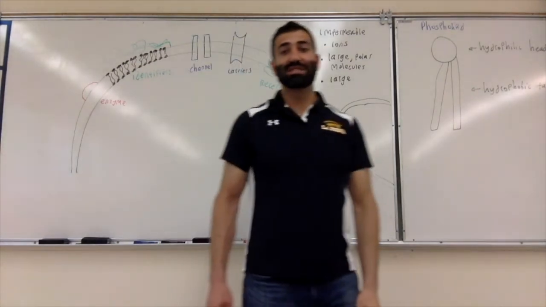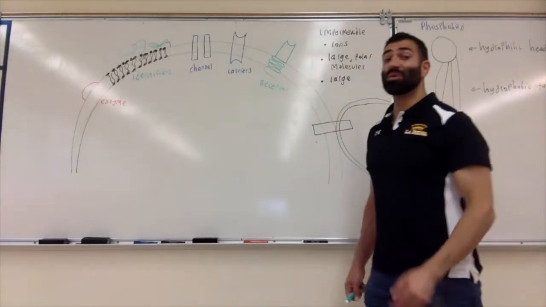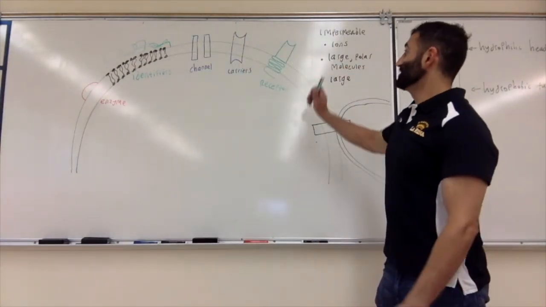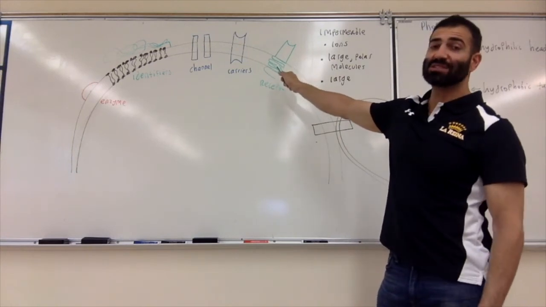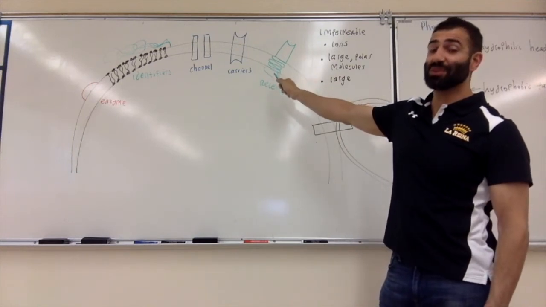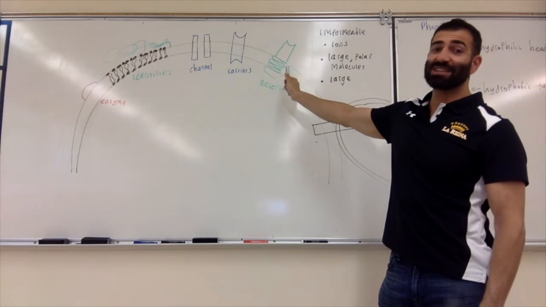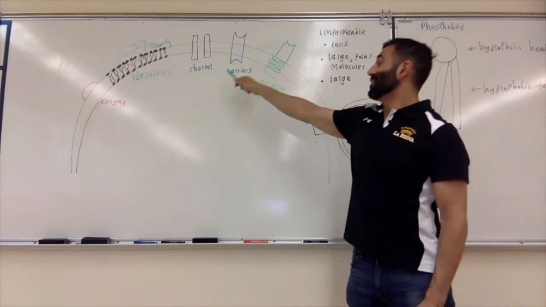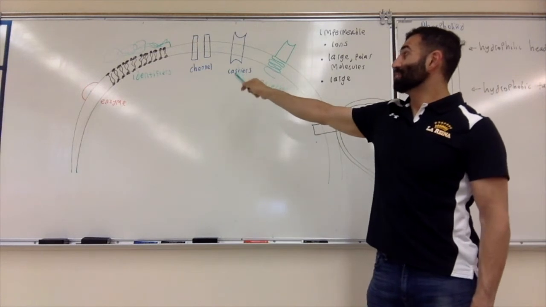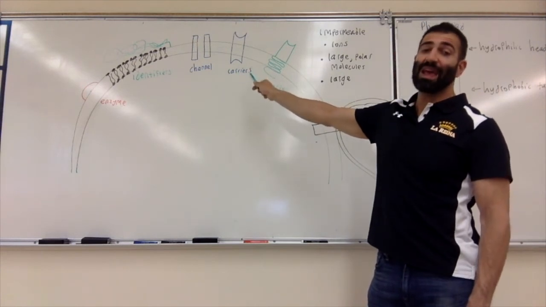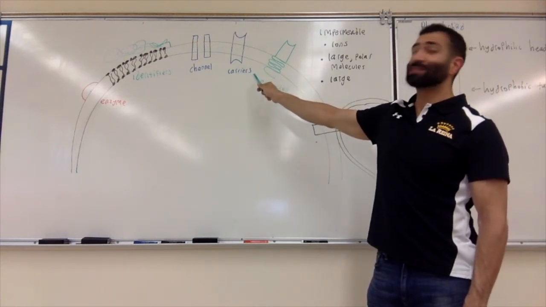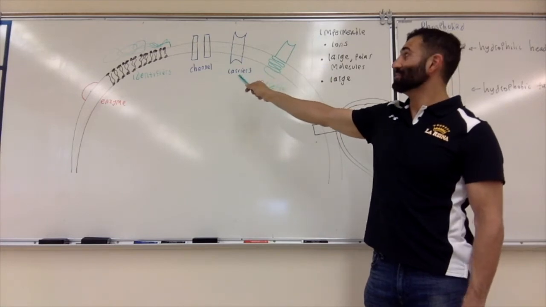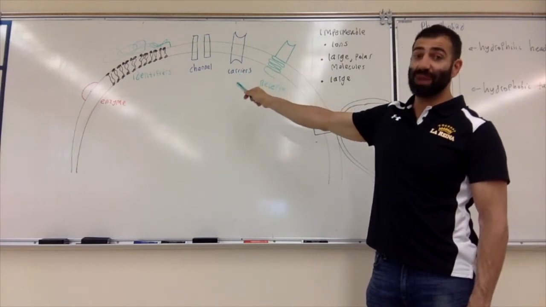We know that our cell membrane is embedded with many things, such as receptors, which is how cells receive signals from other cells. And as I said, this tells the cell how to modify its behavior. We also have transporters in the form of channels and carriers. Carriers transport large things, while channels allow small things to pass through.